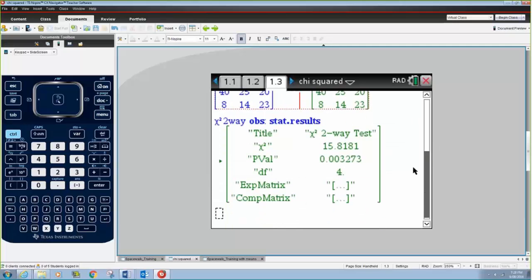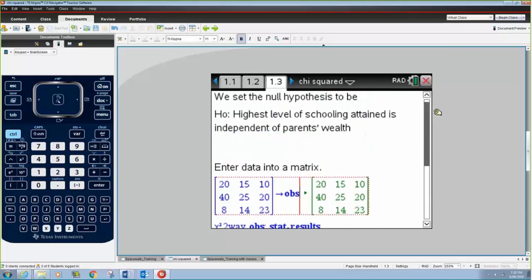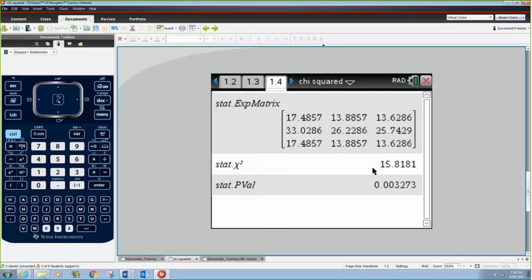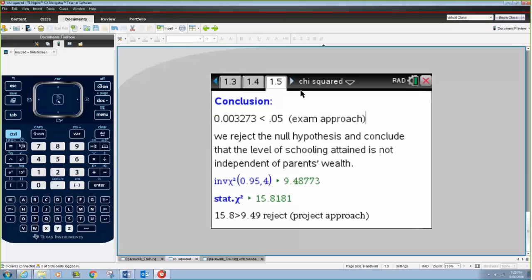And the calculator comes back with our chi-squared value and with the p-value, and we assume that we are testing at 5% significance level, so we compare the values, that our value is higher than the critical value.